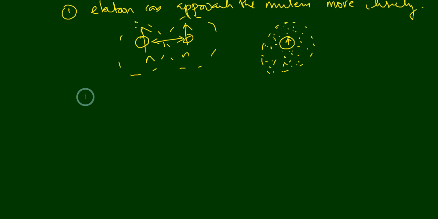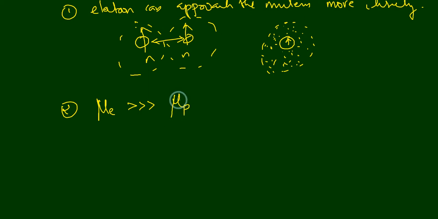And the second reason is that the magnetic dipole moment of the electron, let me call this mu e, is much bigger than the magnetic dipole moment of the nucleus. Let the nucleus that we are considering be the hydrogen nucleus, which is nothing but the proton.